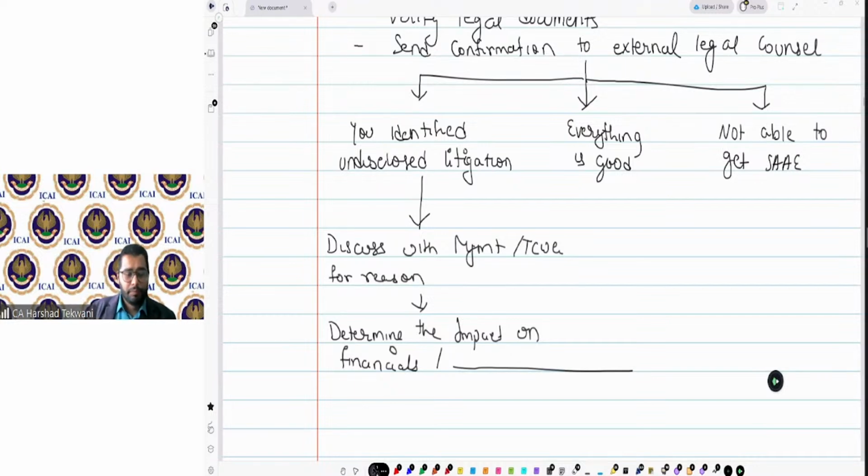What else? Determine the impact on financials. Correct, Tanisha. Correct, Edu Kundalu. So, if required, modify the opinion.